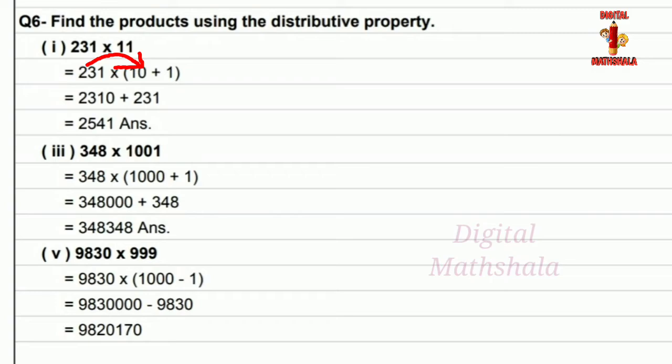When we multiply we will have 2310, and then we multiply 231 by 1. As you know, any number if we multiply with 1, then the answer will come the same number. So here we will get the answer 2541.